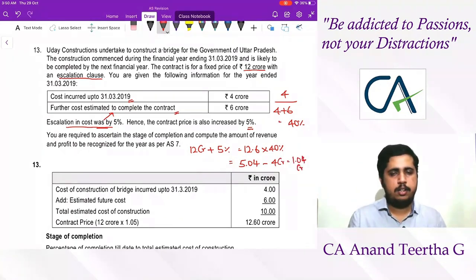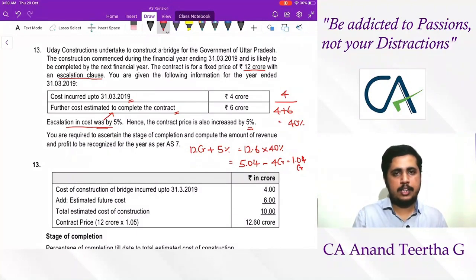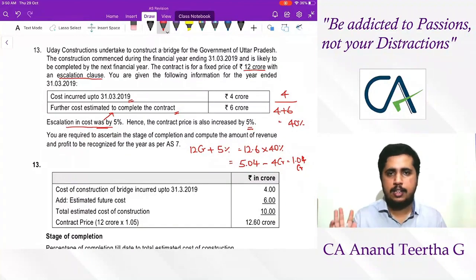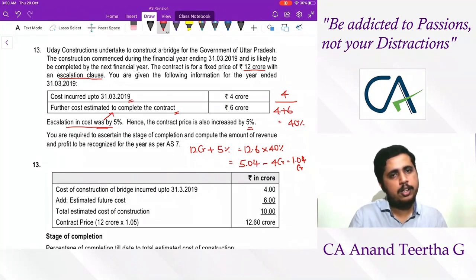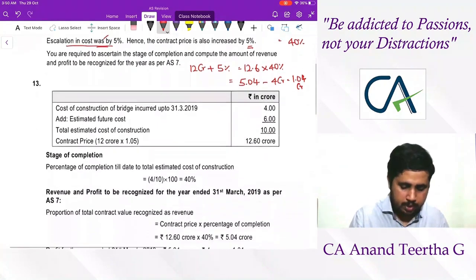Simple. So first what did we do? Cost incurred till date divided by estimated total cost, where we got 40% as the stage of completion. 40% is applied on the price, but the price is after the escalation clause. So 12 plus 5%. Therefore on that 12.6 you applied 40%, you got 5.04 minus cost incurred till date will give you profit. Now look into the solution.